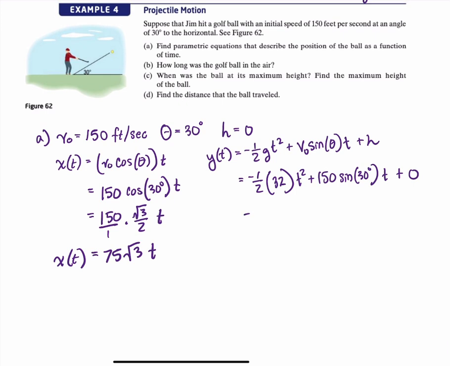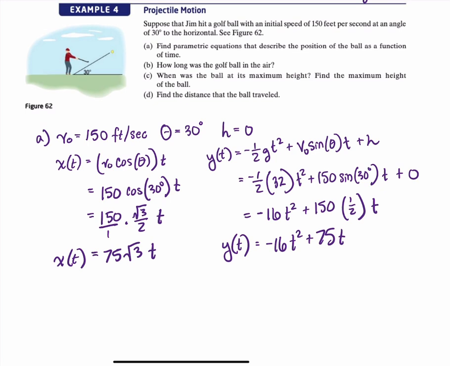So let's simplify everything. This would become negative 16 t squared plus 150. The sine of 30 degrees is 1/2, so that'll get divided by 2 times t. So we can say that y of t will equal negative 16 t squared plus 75t.